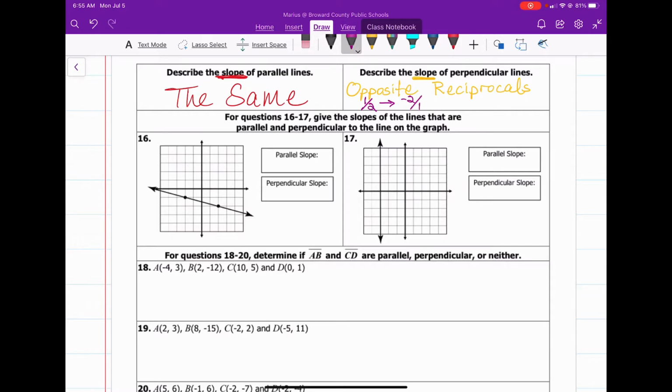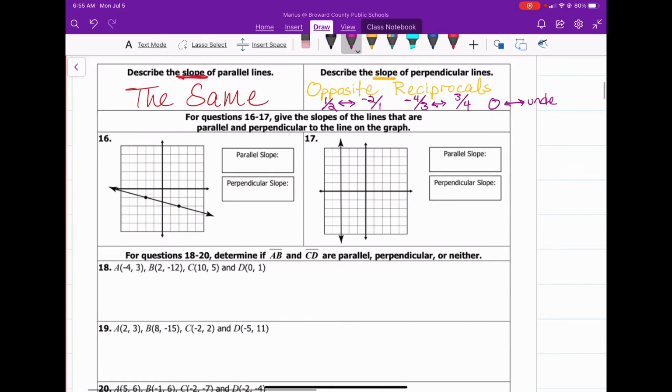So negative 2/1 and positive 1/2 are opposite reciprocals. Negative 4/3 and positive 3/4 are opposite reciprocals. Also, opposite reciprocals would be 0 and undefined.